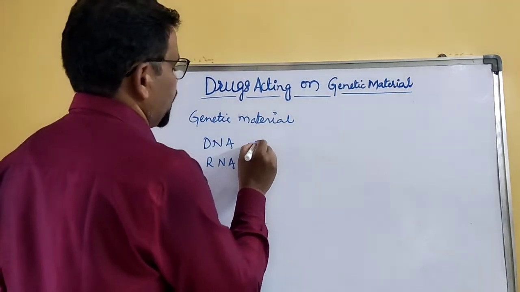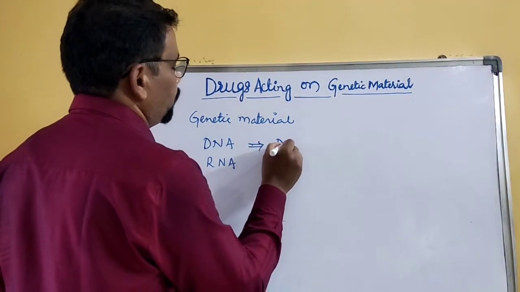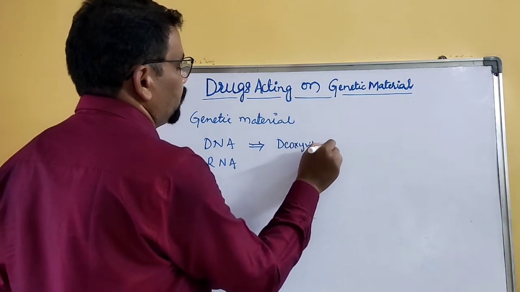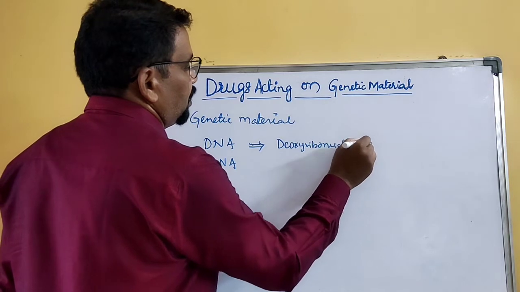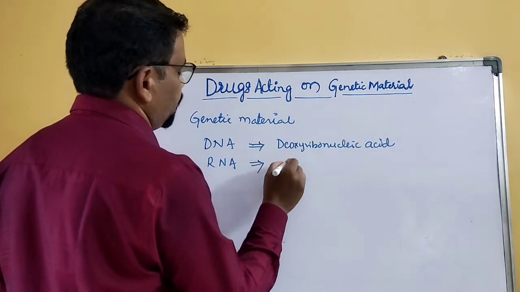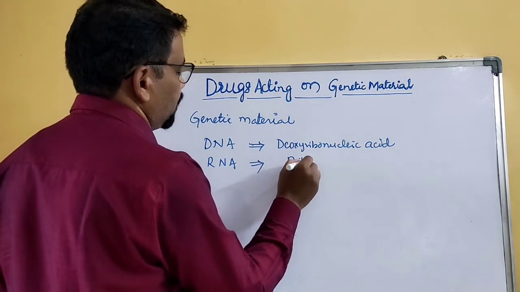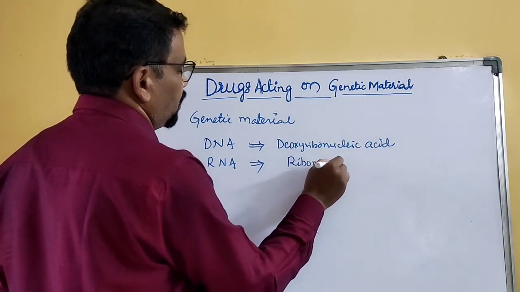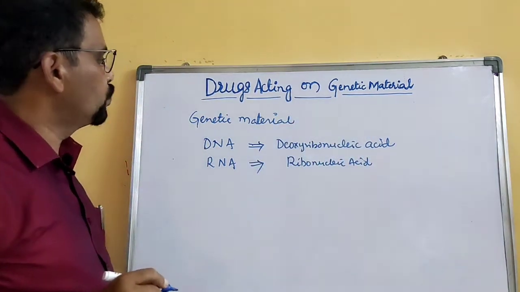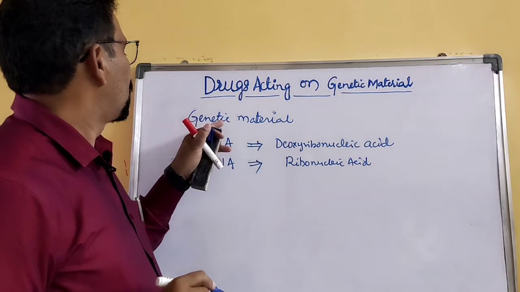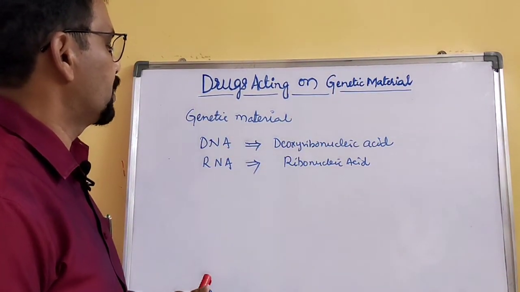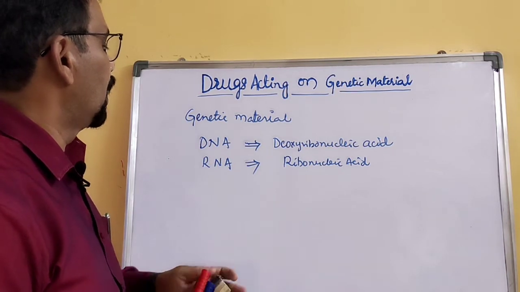DNA stands for deoxyribonucleic acid. RNA stands for ribonucleic acid. So these two materials can be called genetic material: deoxyribonucleic acid and ribonucleic acid.